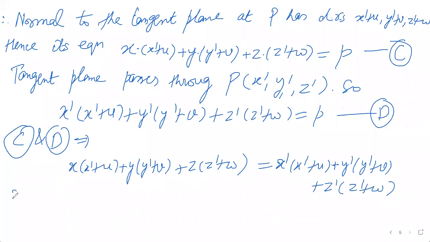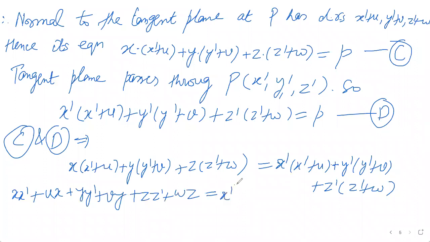So look, the first term is coming x dash plus ux plus y dash plus vy plus z dash plus wz is equal to how much it is coming? x dash square plus ux dash plus y dash square plus vy dash. Okay.